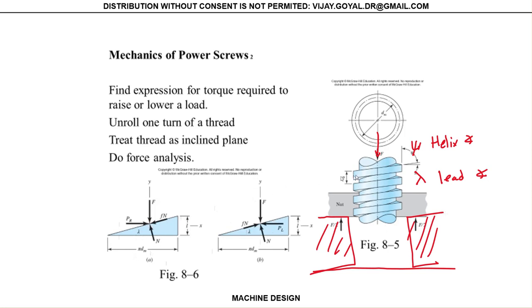So this analysis is thinking, let's take one piece right here and see what happens. Your pitch angle goes from one edge to another edge. You can do the crest, but crest is only good when it's actually pointed. When it's squared or ACME series, then you have to go from one edge to another. That's your pitch angle, and all the threads are going to have exactly the same pitch angles as well.